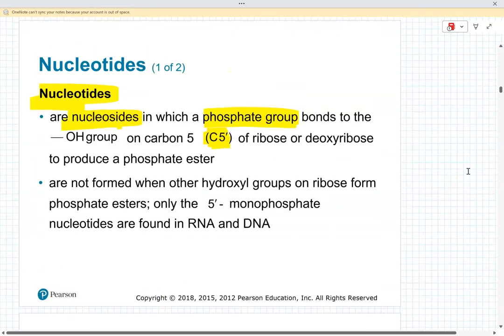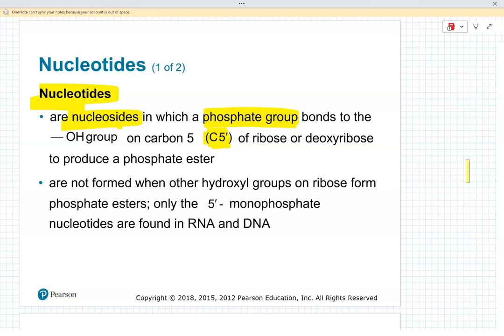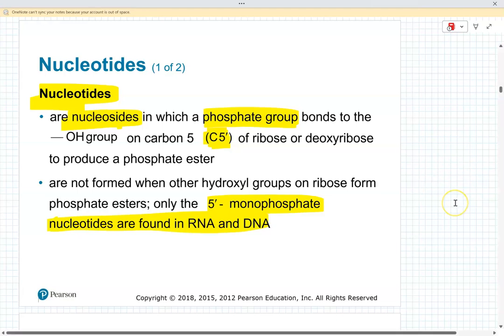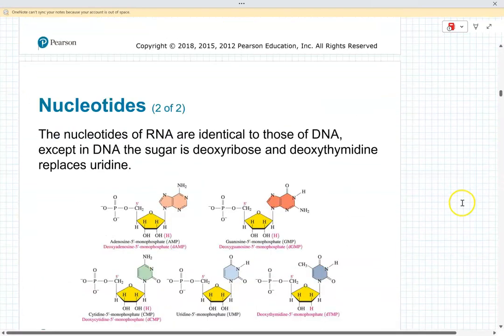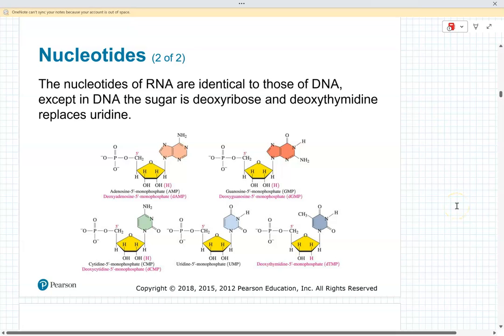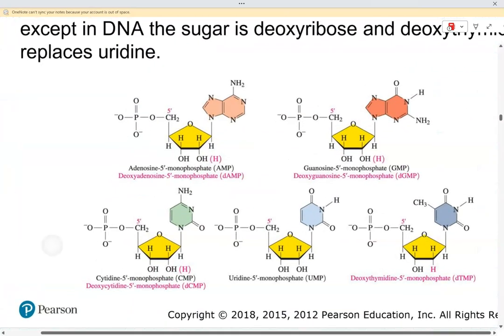It's only the 5' carbon to which the phosphate group connects that will give the molecule the designation nucleotide. Okay? DNA and RNA contain only 5' monophosphate nucleotides, and I intend to spend a lot of time on this image. Okay? Good? Hear me out.